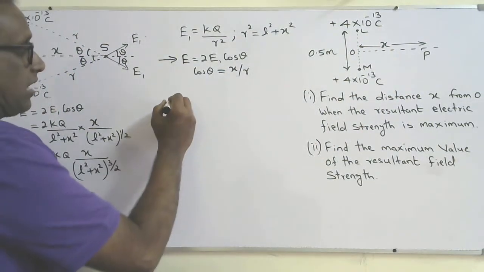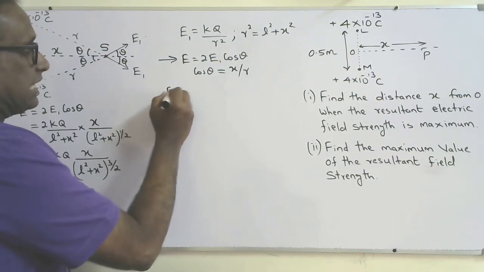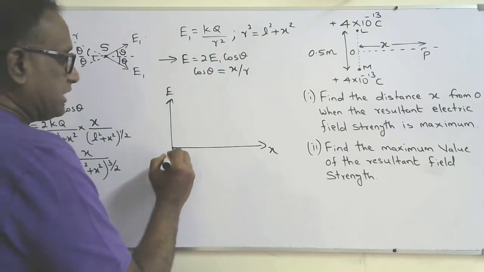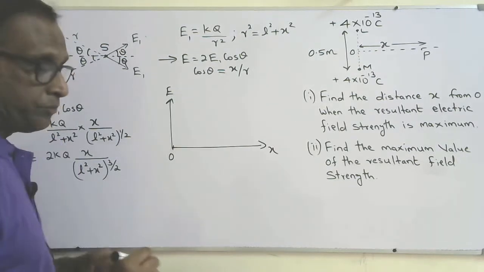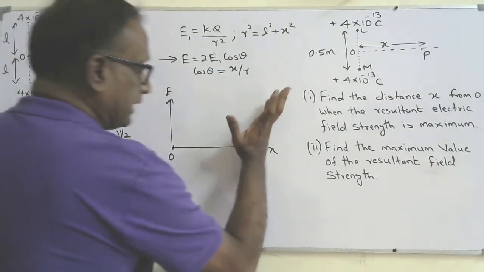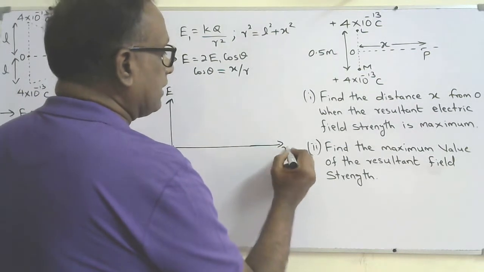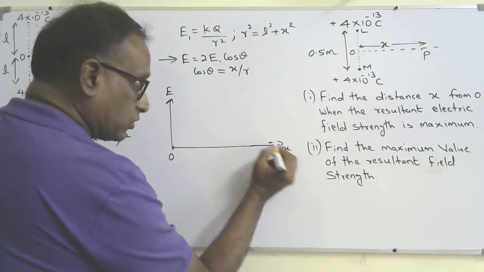If you sketch a graph of electric field strength against x, when x equals 0, the field strength is 0, and when x becomes very large, mathematically when x becomes infinite, it becomes 0 again.